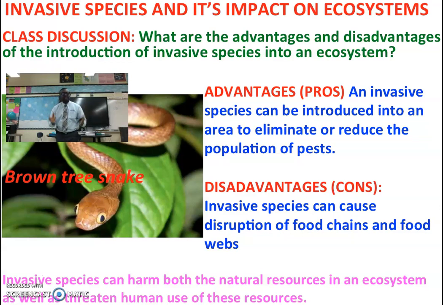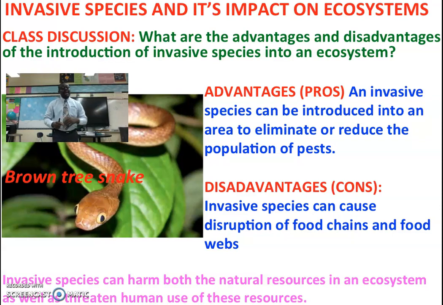Pests infect plants, for example. So whenever you have a natural enemy of that pest, you can introduce that natural enemy into the environment in order to kill or eliminate the pest population. So that's an advantage. All right.